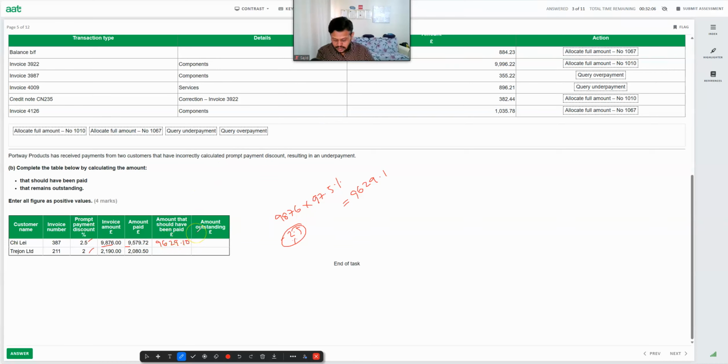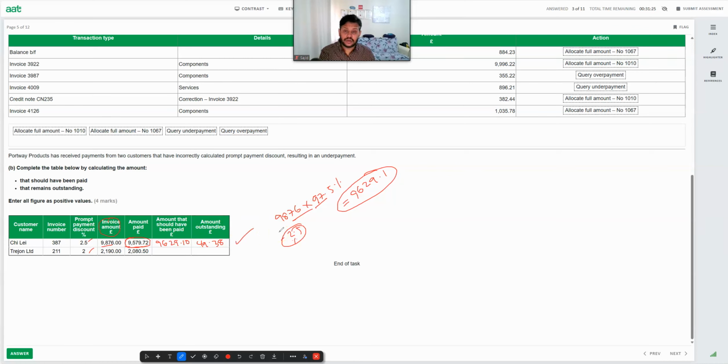So 49.38. So we need to do a very simple calculation. Based on the invoice amount, we multiply to find how much I'm supposed to pay. So the correct amount is this one, but the amount paid is this one. So find the difference. It's supposed to be 96, I paid 95, so I still need to pay 49 more outstanding. Same thing for this one.